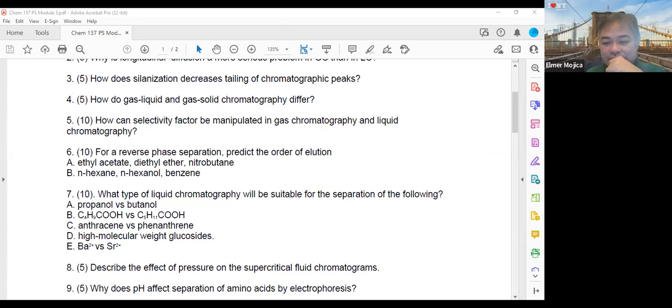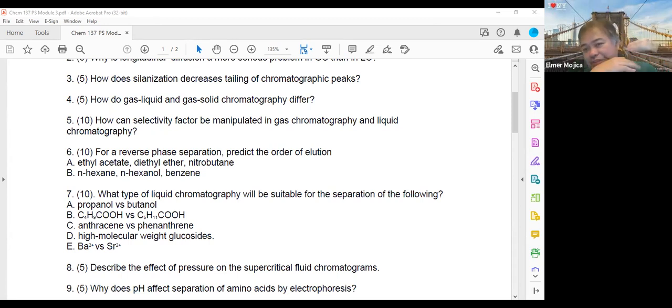Now, how about sa LC? Pwede ba rin natin baguhin yung stationary phase? Okay. So, we can also vary the stationary phase, but in addition to that, you can also manipulate your mobile phase, yung chemical composition ng mobile phase.